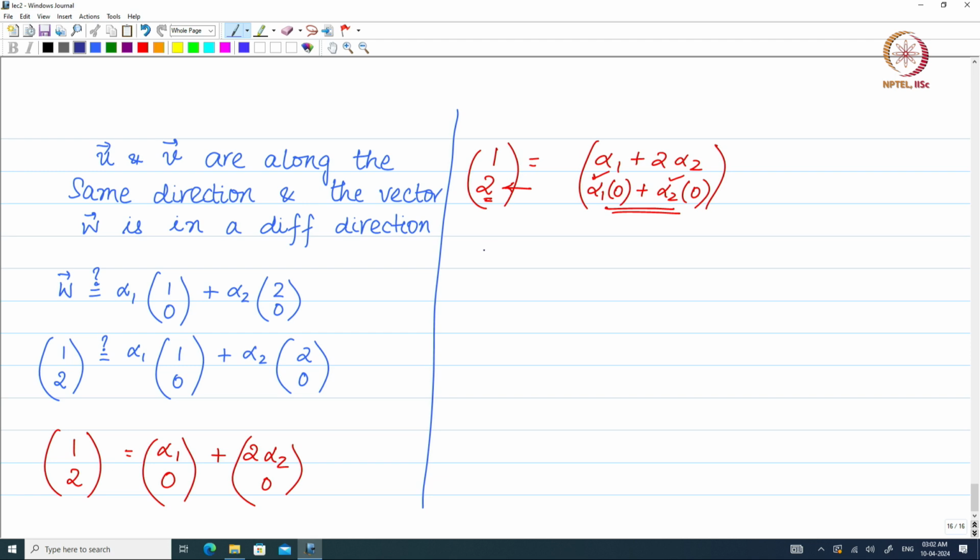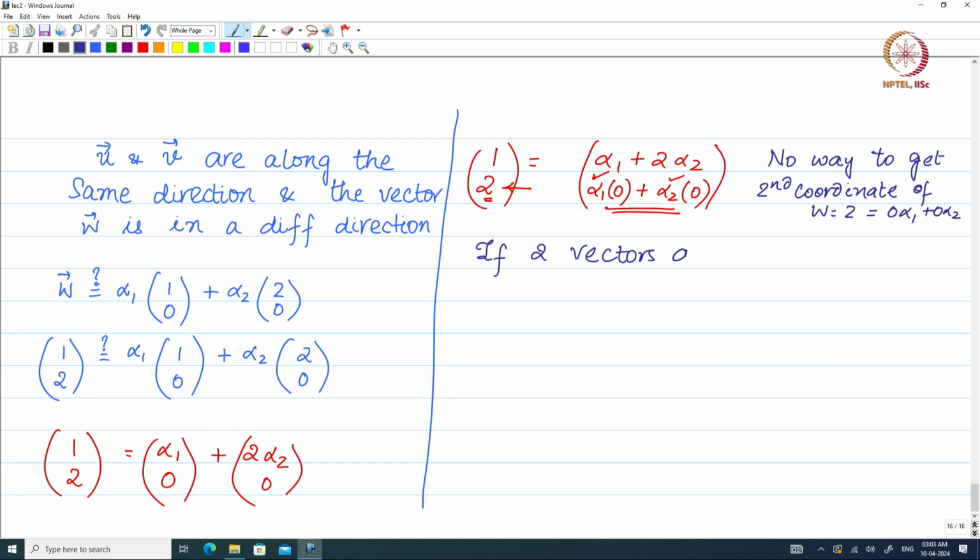So, what is the moral of the story? The moral of the story is, if two vectors are linearly dependent, let us write this, there is no way to get the second coordinate of W equal to 2, as 2 is equal to 0 times alpha 1 plus 0 times alpha 2.